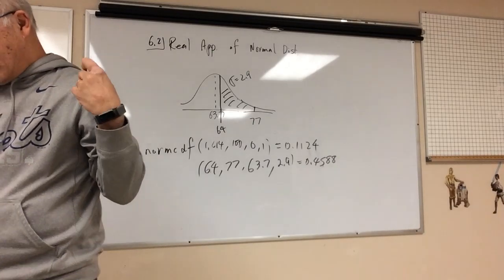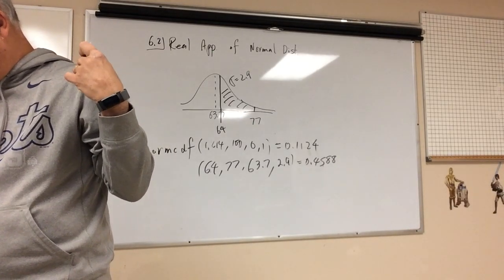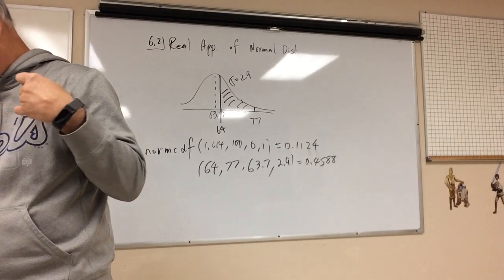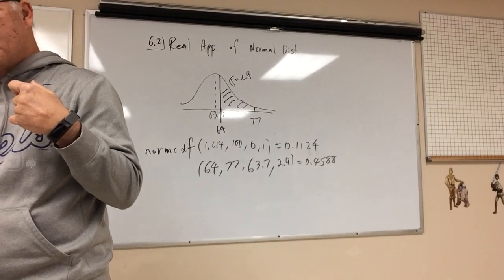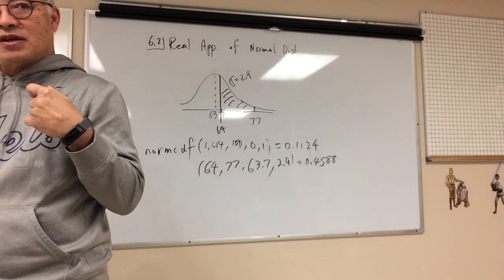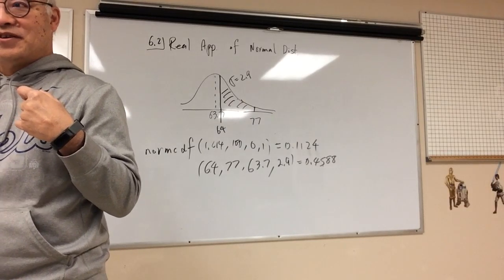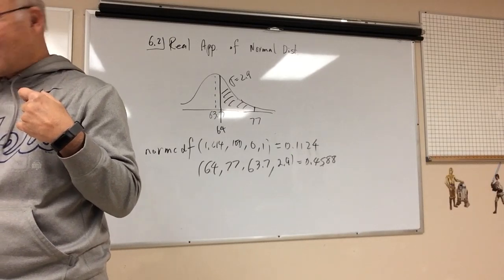Example number 3. When designing equipment, one common criterion is to use a design that accommodates 95% of the population. Ooh, here's that 95% thing again. That's kind of like the statistically significant 5%. Remember that?